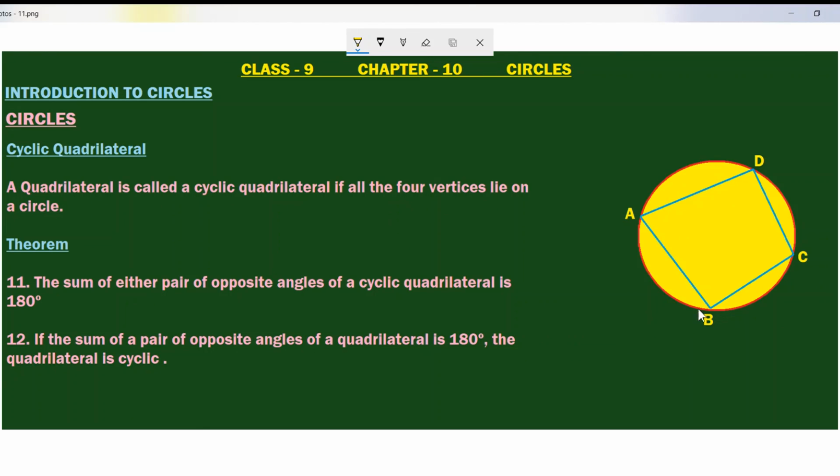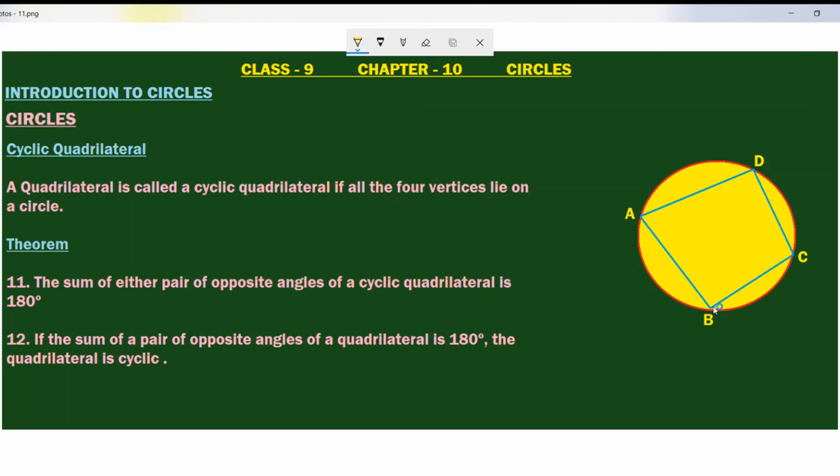Vertices A, B, C, D. The four vertices lie on the circumference of the circle. If the four vertices lie on the circle, then we can say the given quadrilateral is a cyclic quadrilateral.